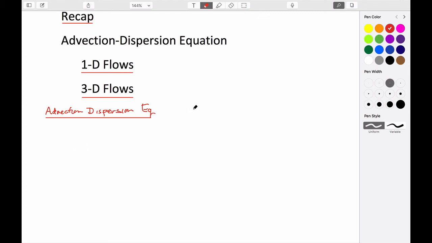And so you'll remember that it looked something like this: an accumulation term, a dispersive term, with appropriate coefficients attached to it, which we'll explain in due course, and an advective term.